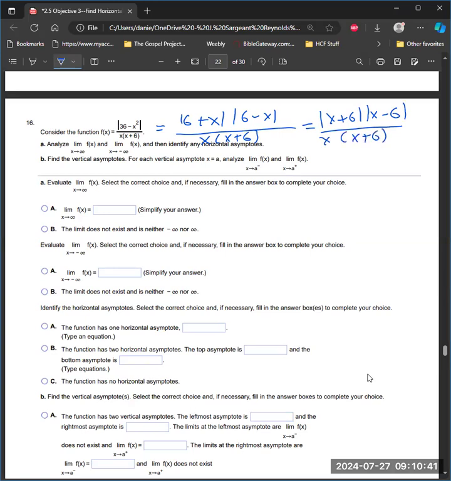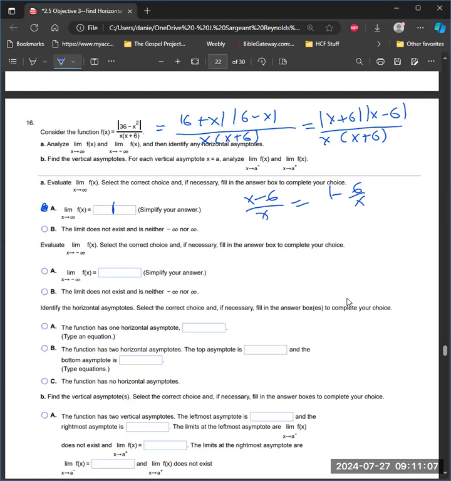And so as I go to positive infinity, these are all positive numbers, and this will cancel, and I'll have what looks like x minus 6 over x, which is 1 minus 6 over x. That's going to go towards 1.